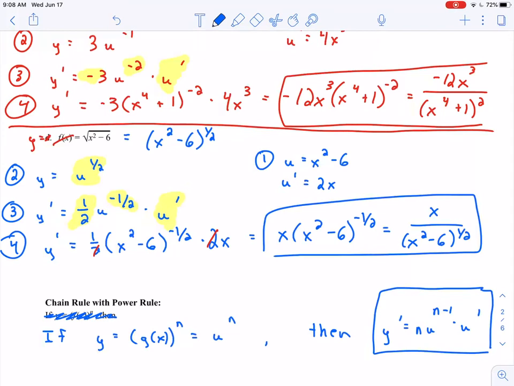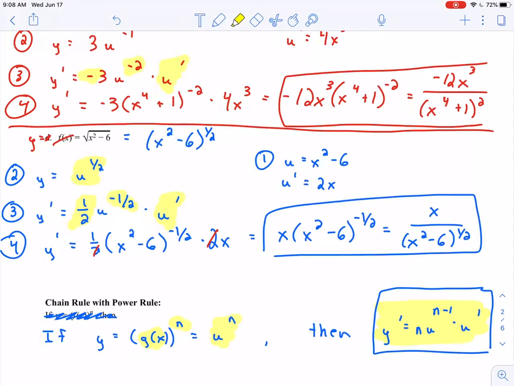So if you have a function raised to the nth power, we rewrite it as u to the nth power, and we can always fall back on this formula. So this would be a good one to highlight or star in your notes.